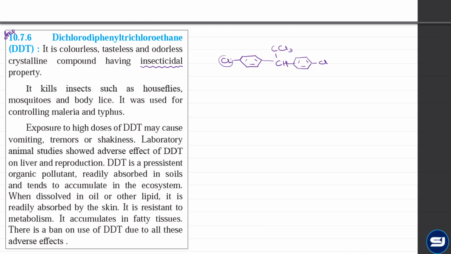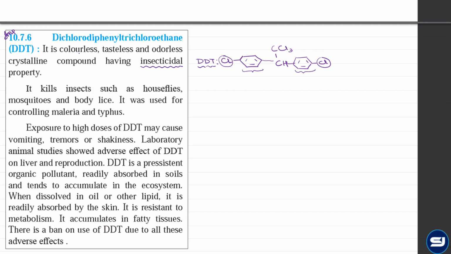So once again, dichloro is 2 chlorine, diphenyl is 2 phenyl, trichloro is 3 chlorine, and ethane मतलब 2 carbon का parent. This is how you can remember the structure of DDT. Dichloro, diphenyl, trichloroethane.